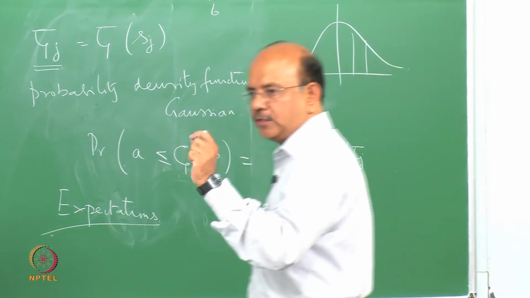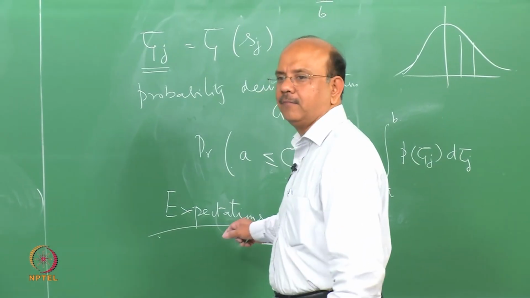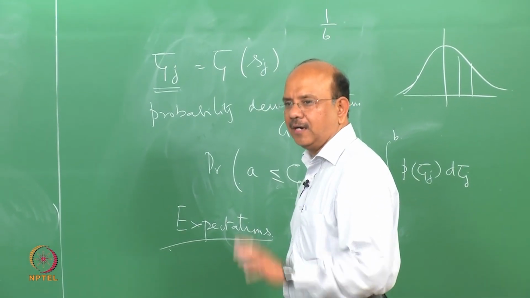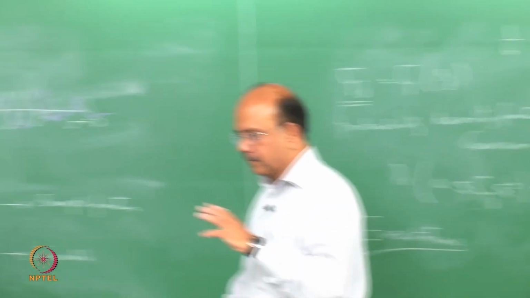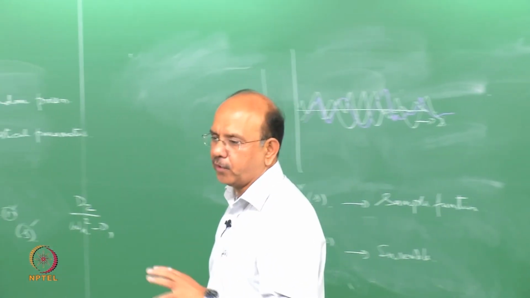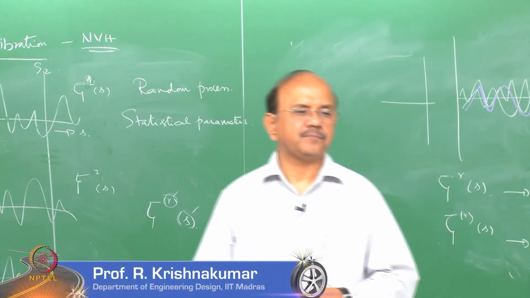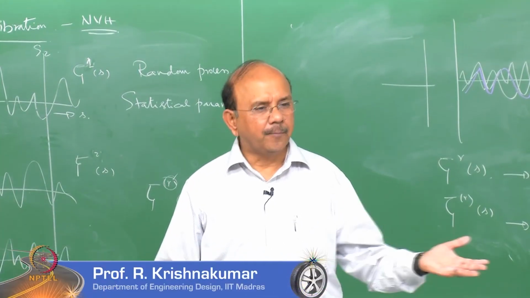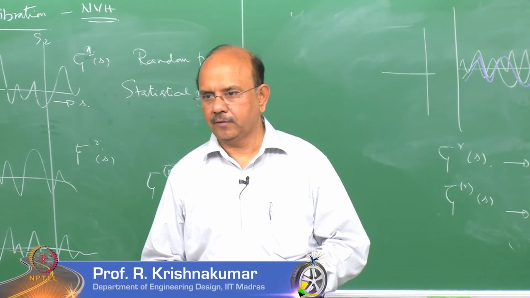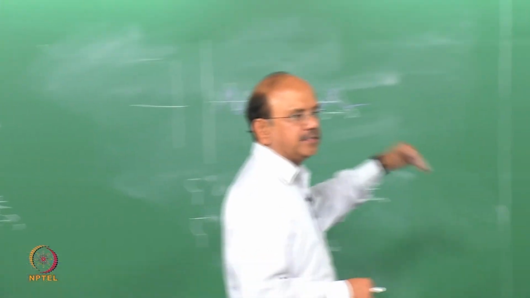I'm going to use that to define my expectations. And I'm going to distinguish slightly between what you had learned earlier, say as an average and a mean, or in other words a sample and the population. We will start from expectations in the next class.